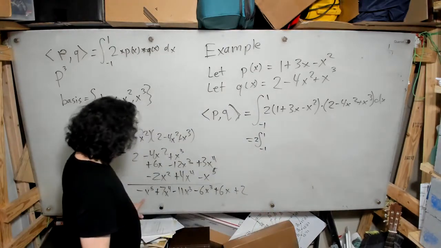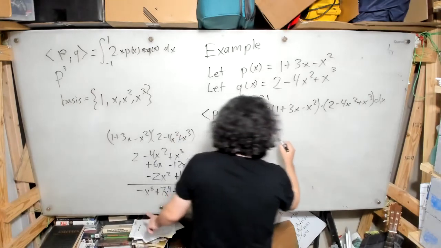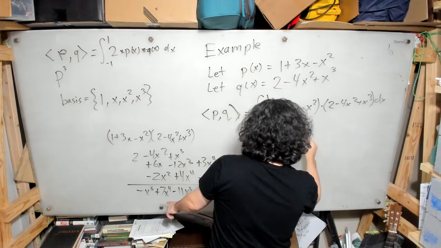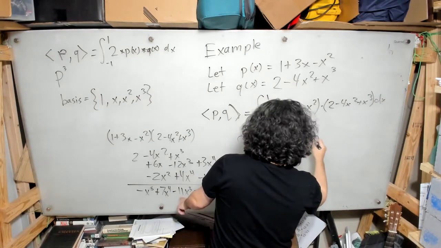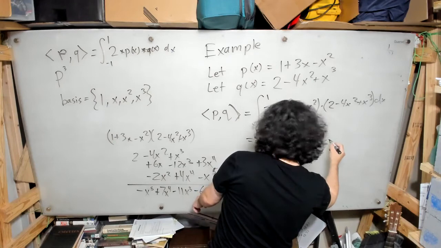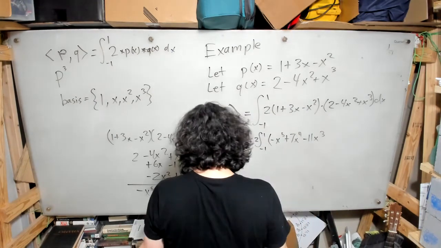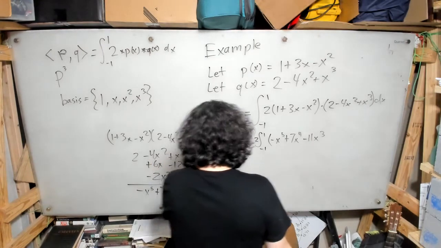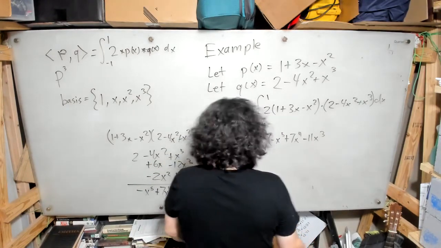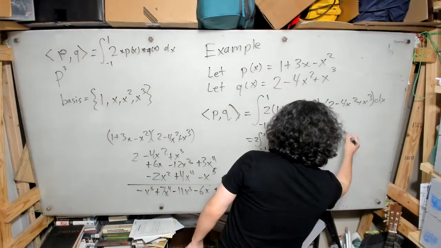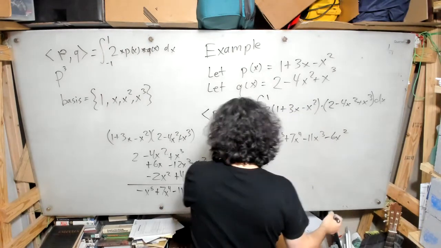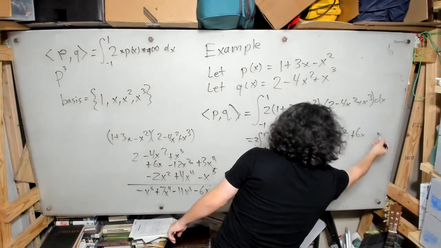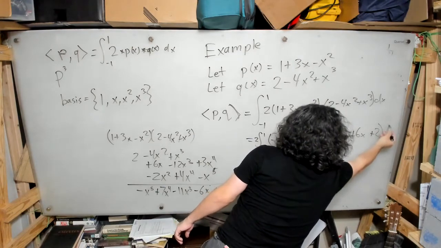It'll be negative x to the 5th plus 7x to the 4th minus 11x cubed minus 6x squared, I'm sorry, and then plus 6x and then plus 2, dx.